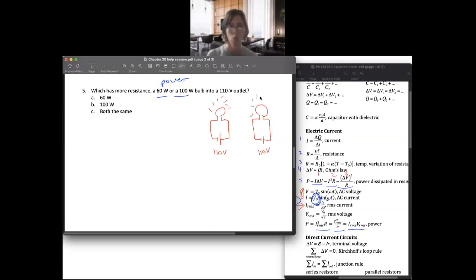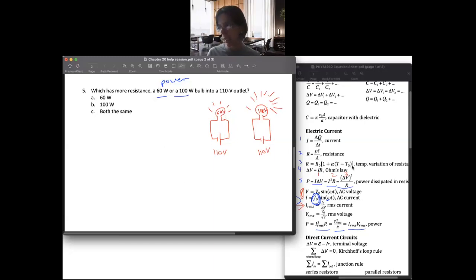So which one glows brighter? You probably know from experience. If you have a 60 watt bulb, it's more dim, but if you have a 100 watt bulb, it's a lot more bright. So they do have different brightnesses, even though they have the same voltage.